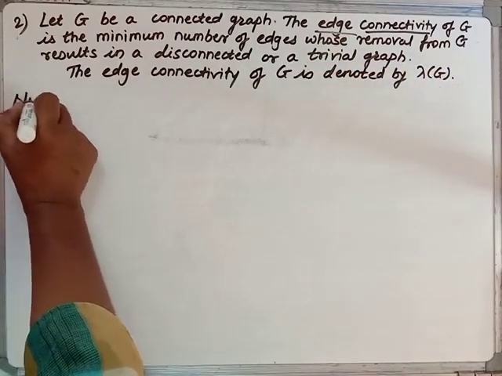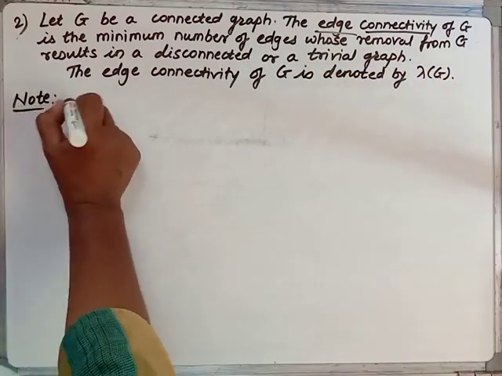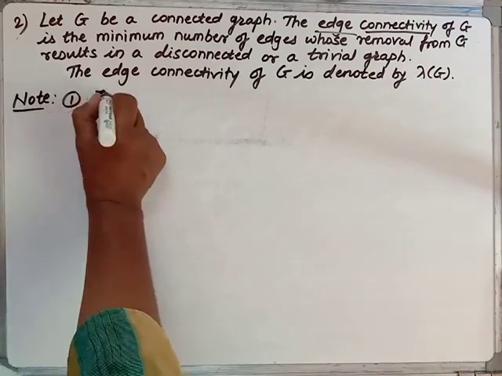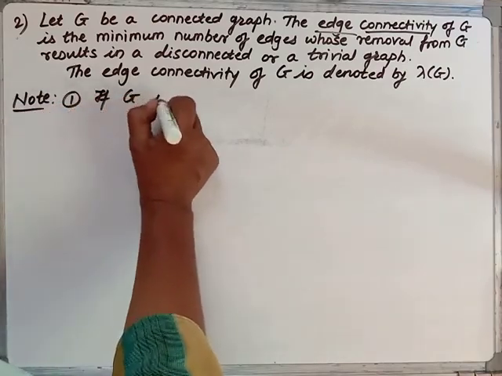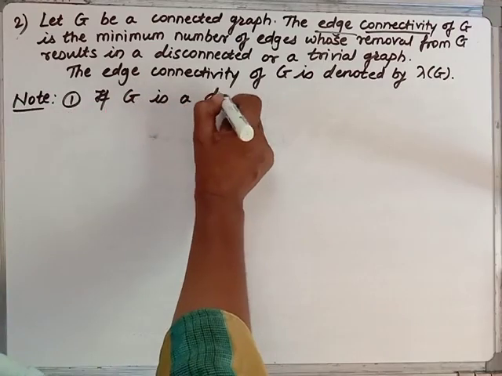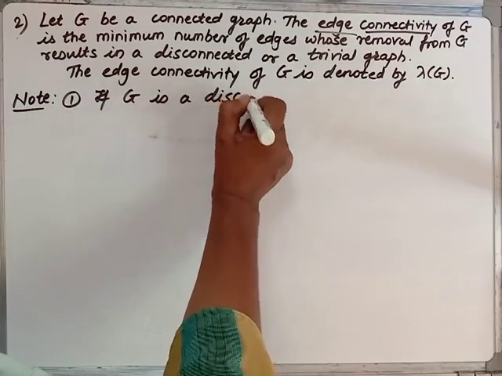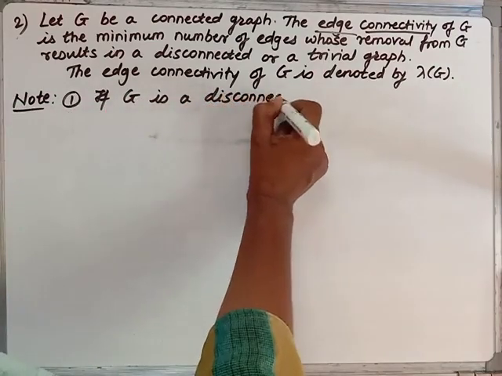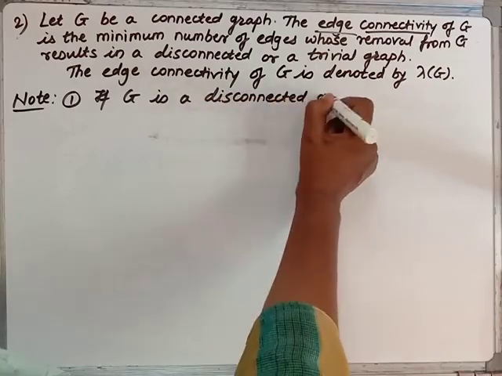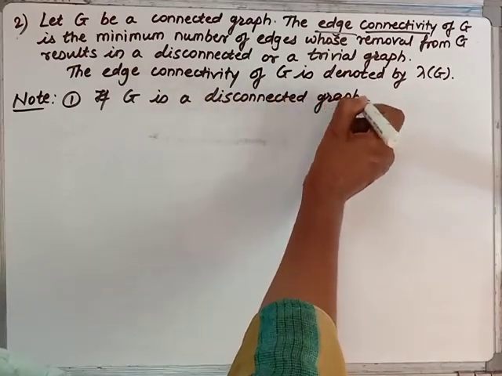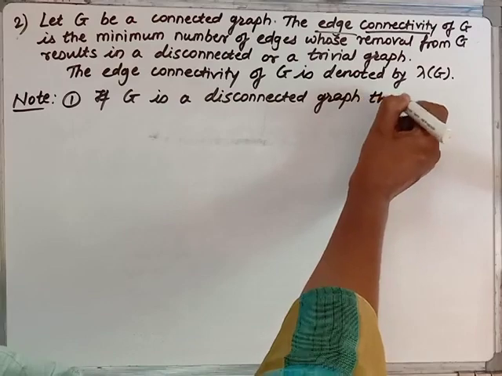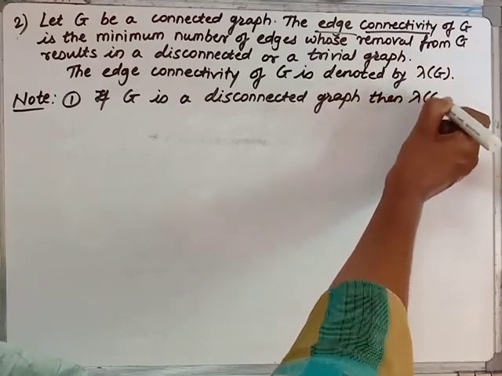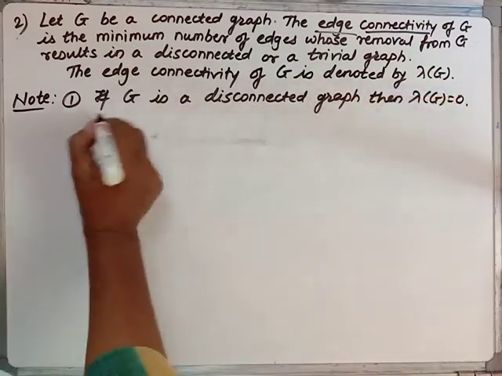Now let's write a few notes. Note 1: if G is a disconnected graph, then edge connectivity is 0.